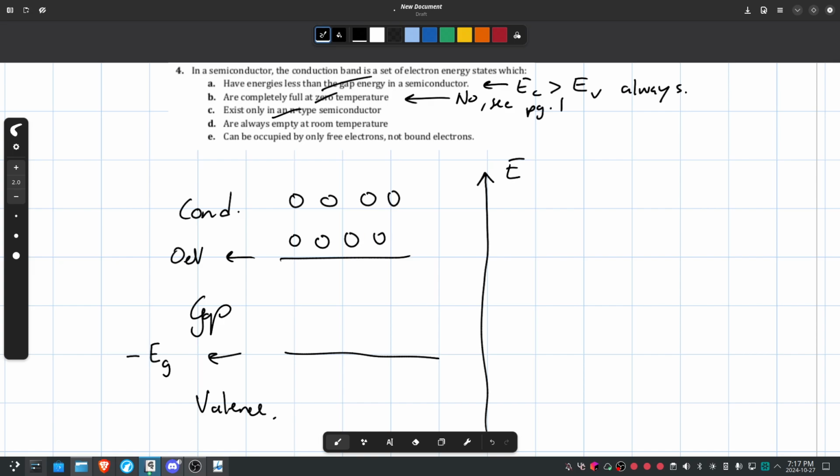It's still going to be there. The holes are there, they don't just disappear. But the holes by themselves cannot do anything. In a P-type, holes don't disappear.